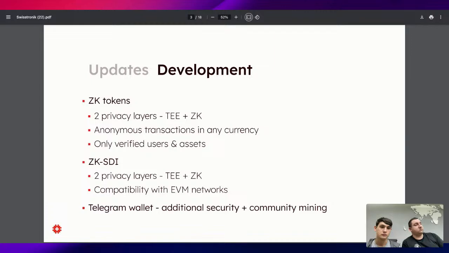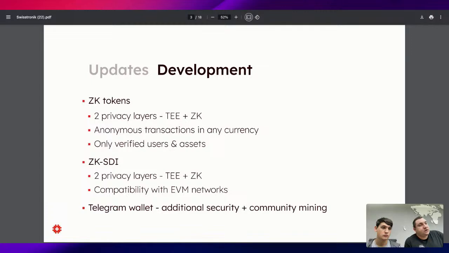At this moment, all transactions are secured by a trusted execution environment, but they will also have an additional layer of security via ZK, and you would be able to convert any kind of currency, let's say BTC, Ethereum, or USDT, on our chain and make it private. Send it to the person that you want to, and then the person will be able to convert it back to the original currency, and the transaction itself would be untraceable in some way.